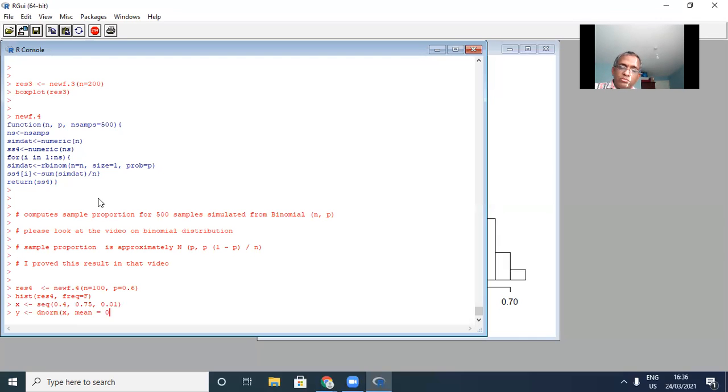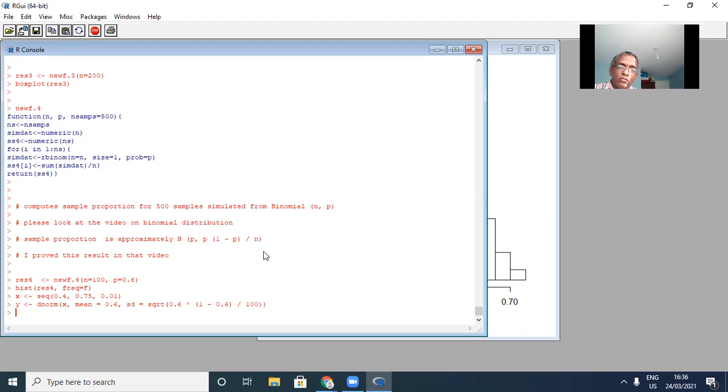Now p is 0.6 and the standard deviation equal to the square root of the variance, which is p times 1 minus p divided by n. So it's going to be the square root of 0.6 times 1 minus 0.6 divided by n, which is 100. You see what I have done? I'm just following the formula here, right? The mean is p, and the variance is p times 1 minus p divided by n.